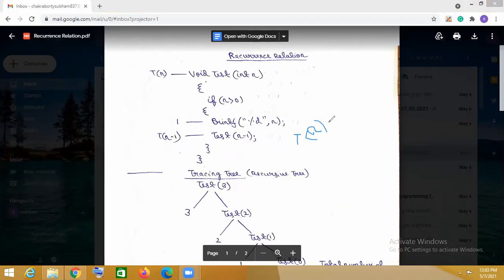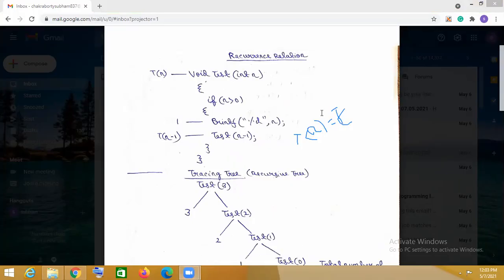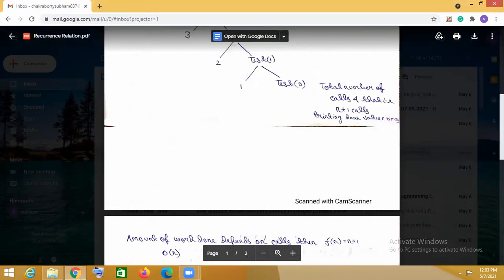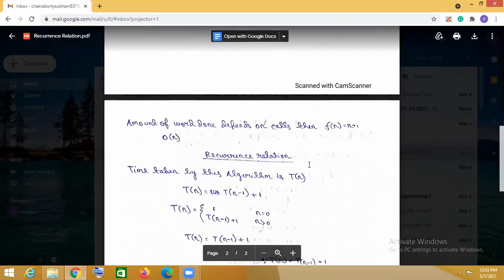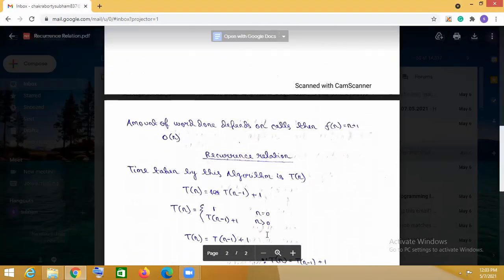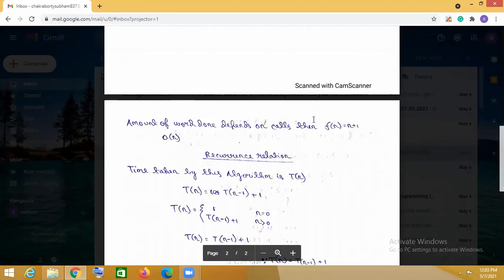So T of n is equal to T of n minus 1. Here you can see it is mentioned that the total time of the algorithm taken is Tn.